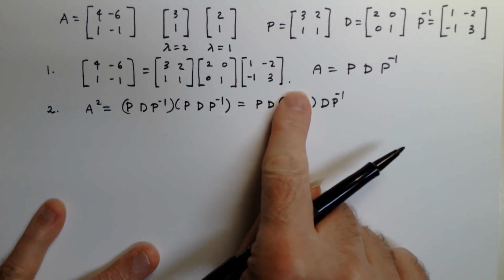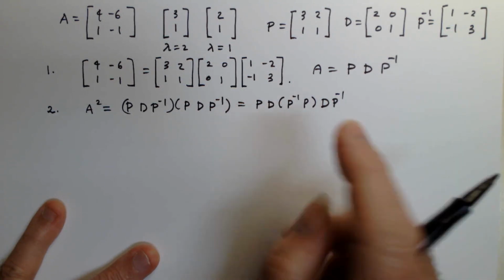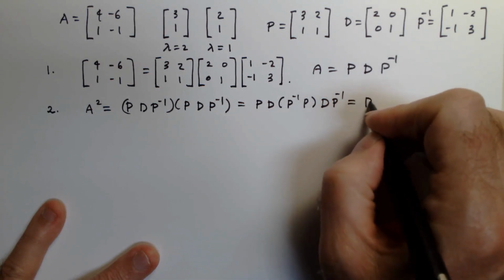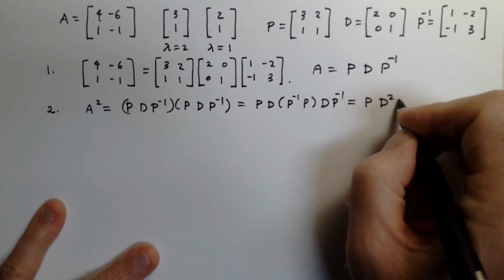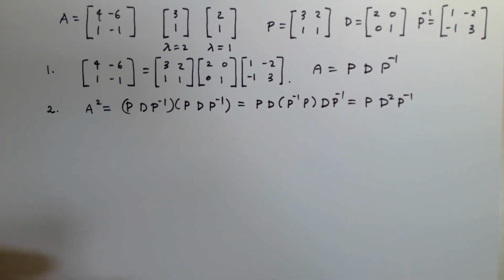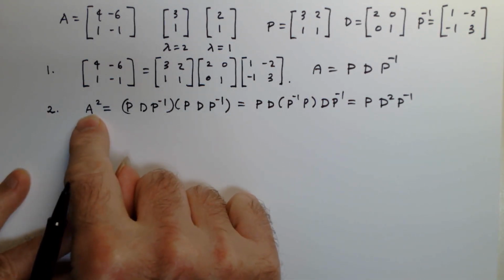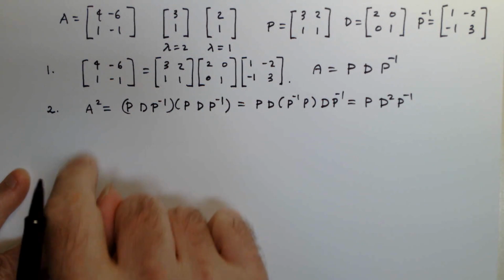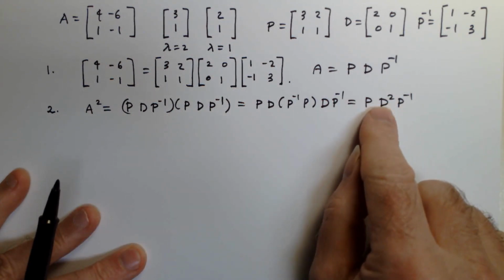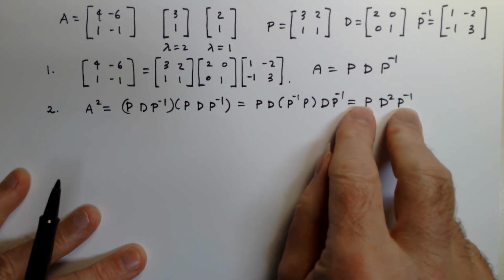But P inverse times P is simply the identity matrix. The identity matrix times D is just D. And so what I'll end up with here is P, D squared, and P inverse. In other words, anytime I take a power of the matrix A, let's say A to the power of 2, that's going to be equivalent to taking D to the power of 2 and then sandwiching it between P and P inverse.